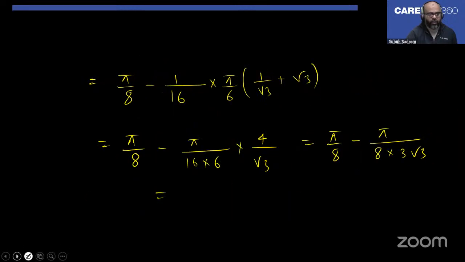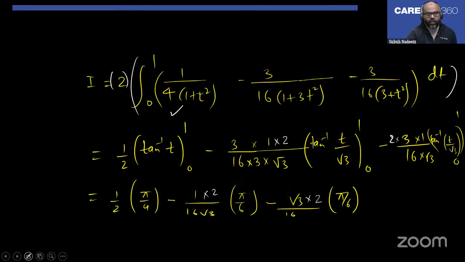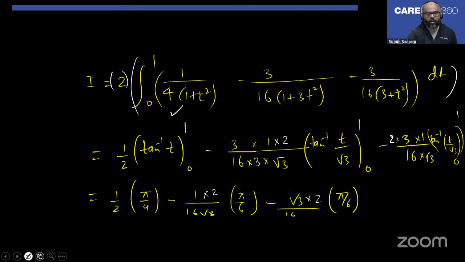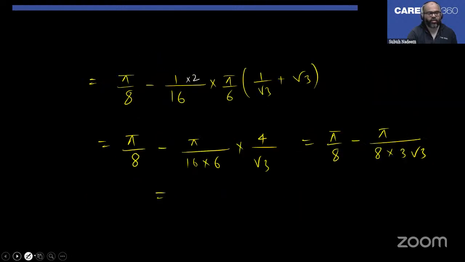Now we have pi by 8 minus 1 by 16 and 2 is there, of course. And pi by 6 is there. So it becomes 2 here also. That means it will become into 2 here.